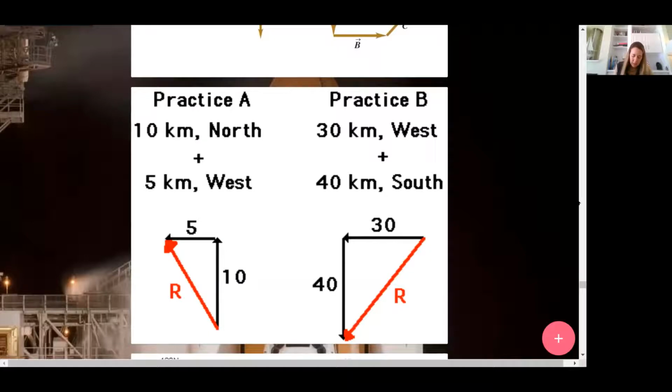The trick now comes in for you to express the direction of these resultant vectors. And for that, you always need the angle theta between the tail of the resultant and the tail of the very first vector. That will give you the overall direction of that resultant vector, and you are going to use simple trigonometry to work that out.